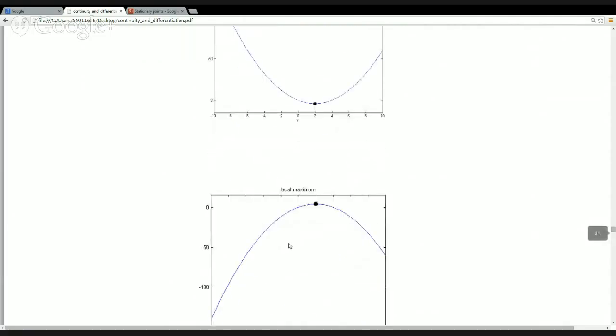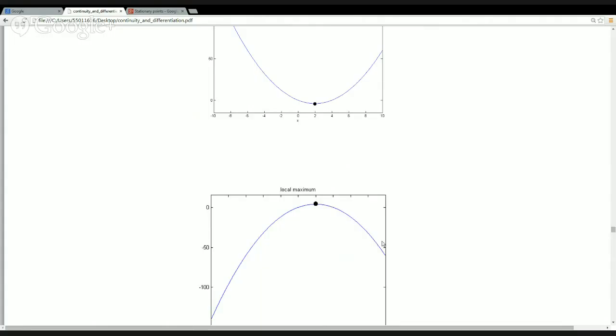Now the situation is reversed when you look at the behavior at the local maximum, because to the left of the point, as you move from left to right, the function is increasing. But its rate of increase is decreasing all the time, and at the local maximum point itself, the function is stationary. But then as you move through it and continue to move left to right, the function starts to decrease.